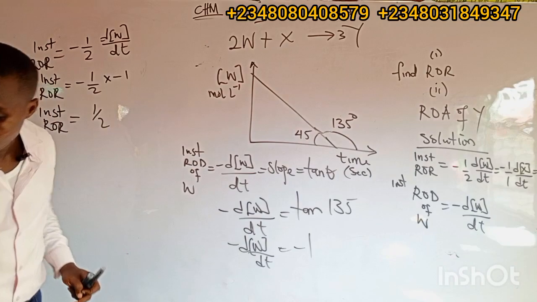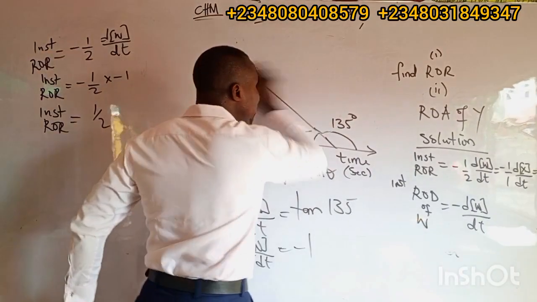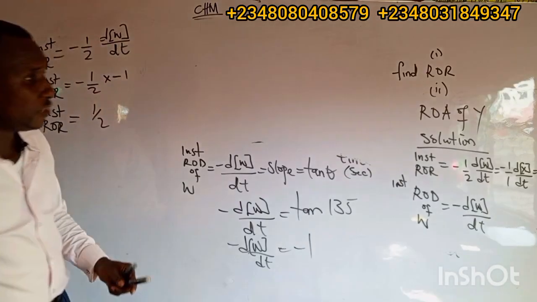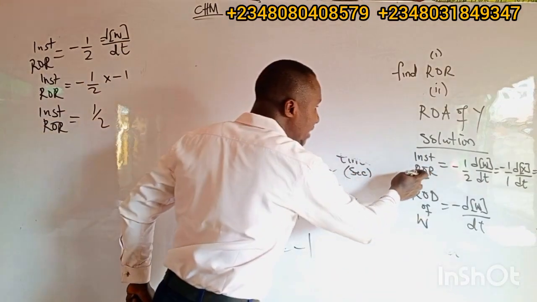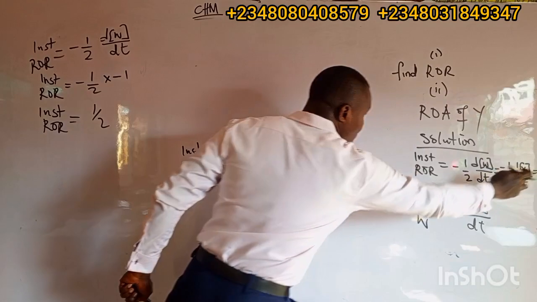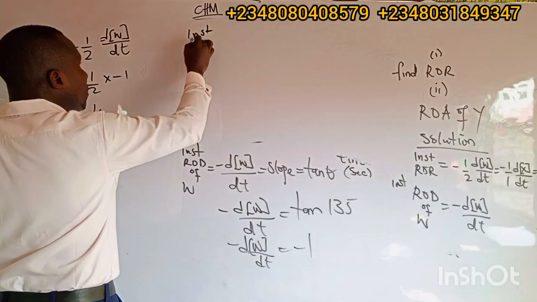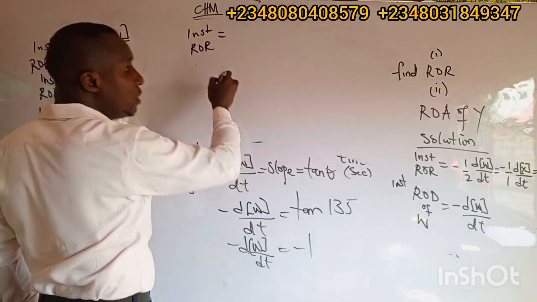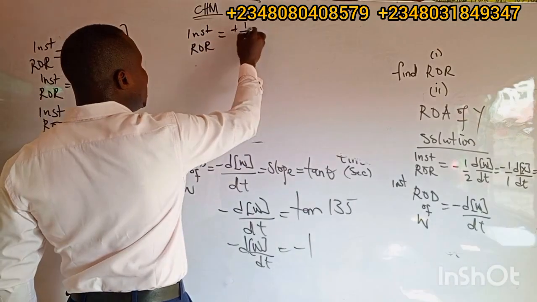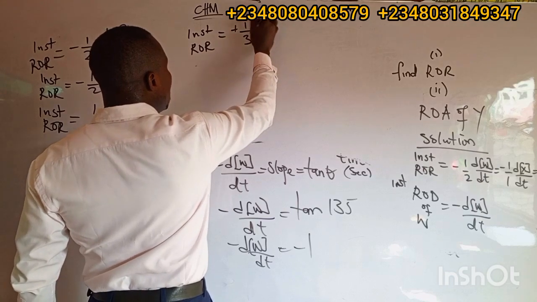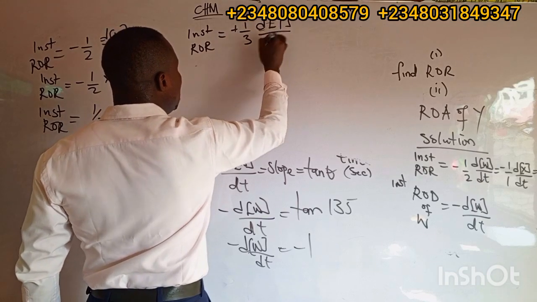Then the second one, the rate of appearance of Y. They say calculate the rate of appearance of Y. Let us relate the instantaneous rate of reaction to Y. We have instantaneous rate of reaction equal to plus 1/3 dY/dt.